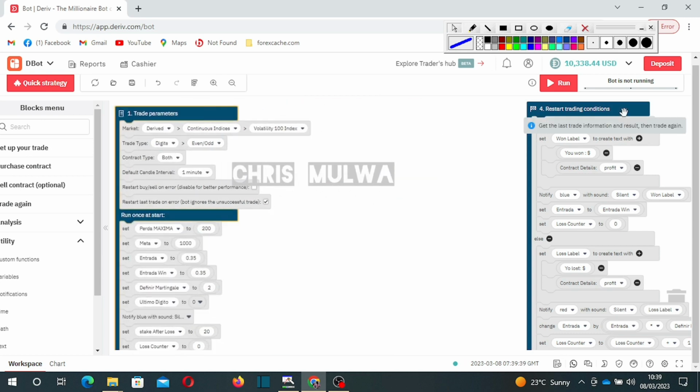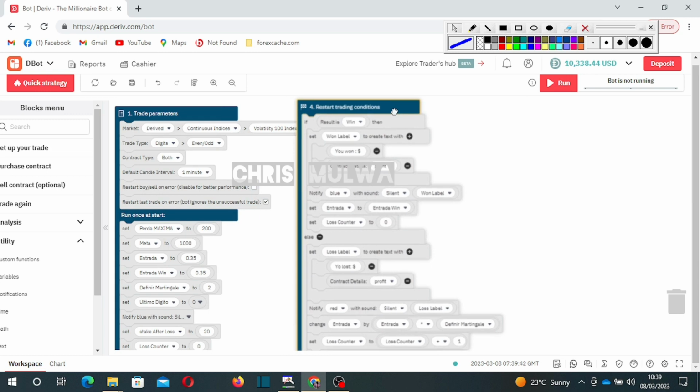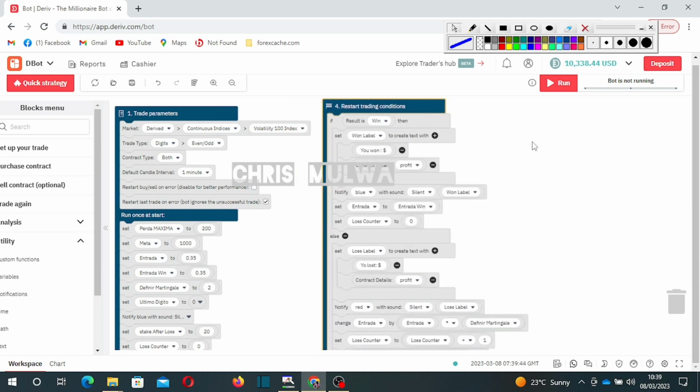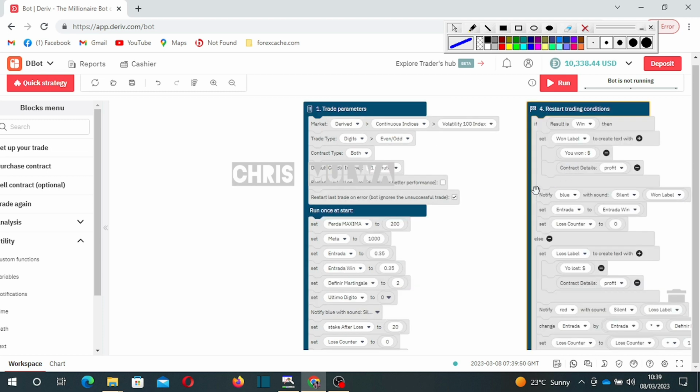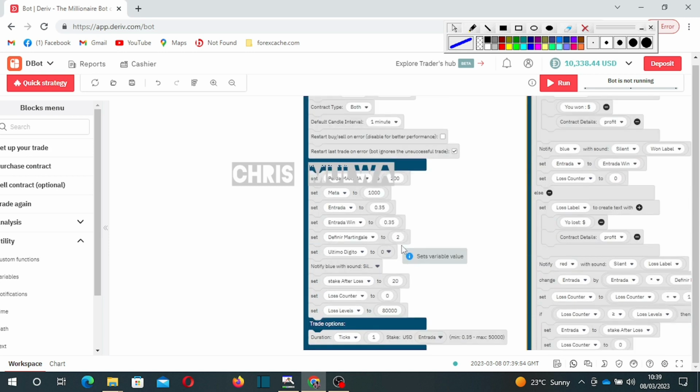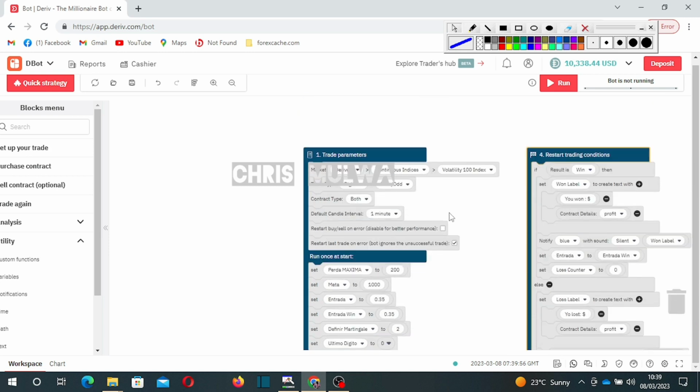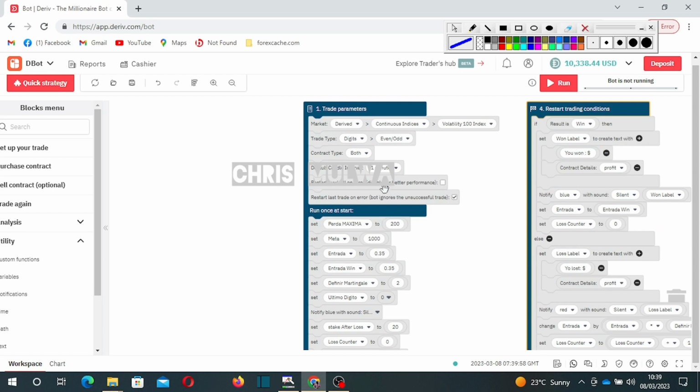I want to arrange them ascending, but let me rearrange vertically. They are coming into this side, but no problem. We will use them the way it is. I can move them manually.